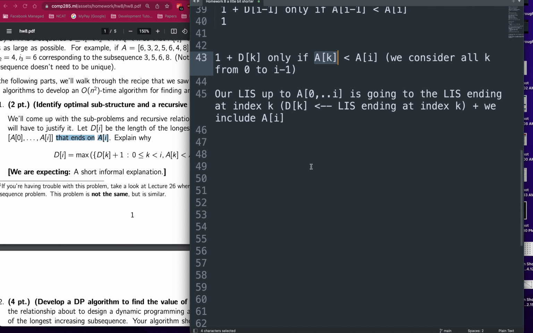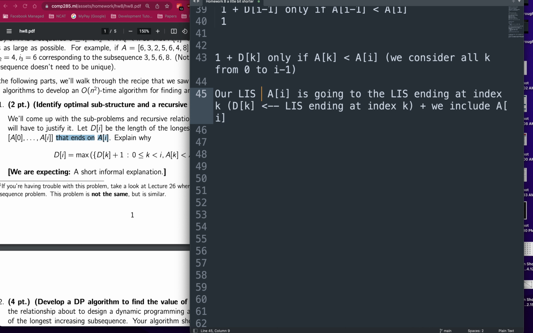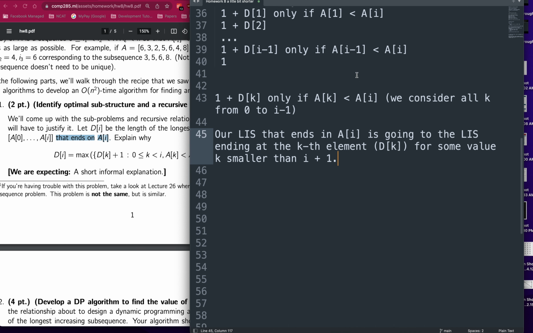Maybe an example will help, but basically the longest increasing subsequence that ends in the ith element is going to be the longest increasing subsequence ending at the kth element, that's dk, for some value k smaller than i, plus 1. And then we just take the maximum of all possible endpoints.